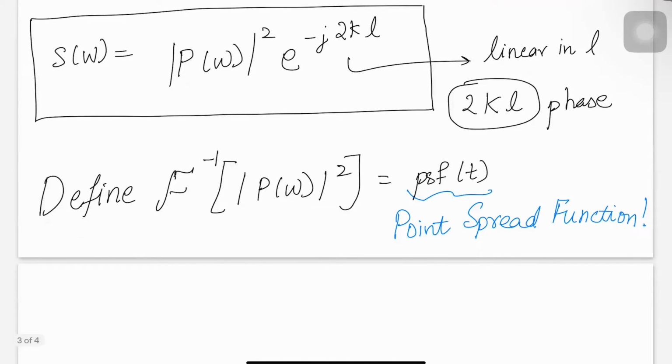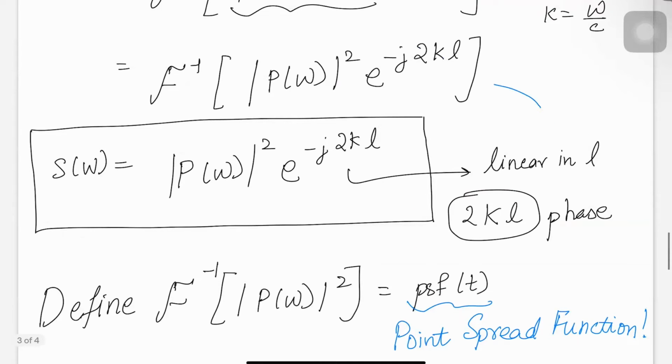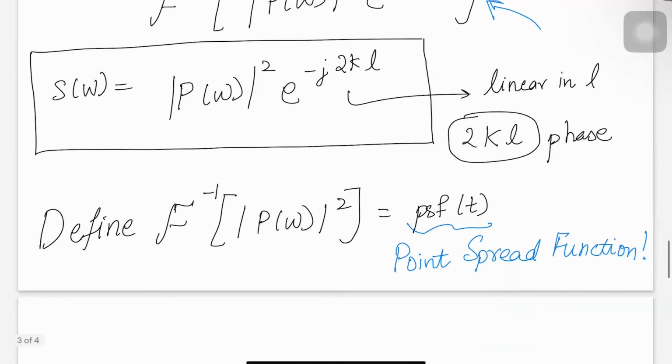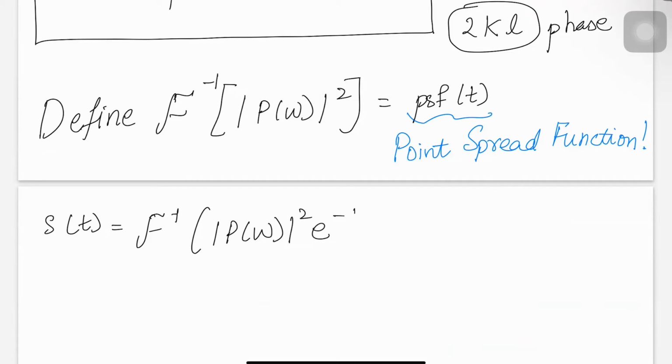So if I do it this way, then we go back and look at this expression. What do I have? I end up with S of T. I'll just rewrite that. So I had S of T equal to F inverse of modulus of P of omega squared e to the minus J2KL.